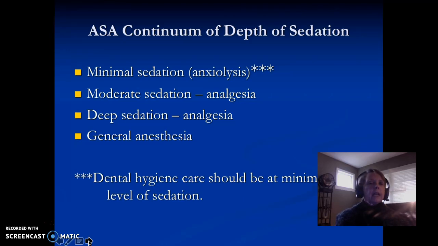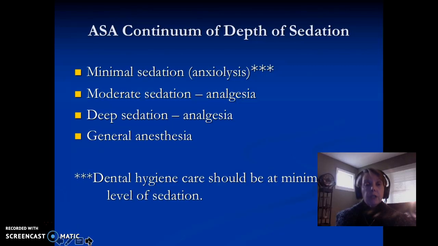The American Society of Anesthesiologists have developed a continuum of depth of sedation: minimal, moderate, deep, and general. Minimal sedation, the sedation you are going to be delivering with nitrous oxide sedation, is called anxiolysis, and it's nitrous oxide at a concentration of 50% or less.